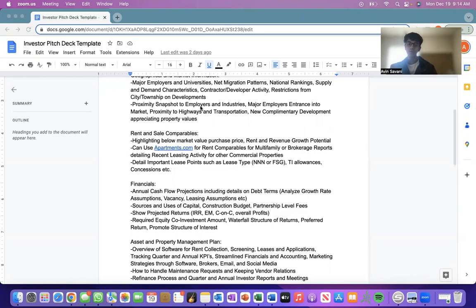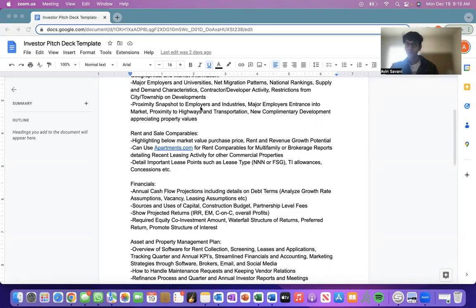Supply and demand characteristics. Basically, how is the contractor activity? Are there more proposed or planned construction projects in the pipeline? And then how is the demand? There are a lot of good sources for demand. The Michigan Consumer Sentiment, they do a great job with housing demand data figures.